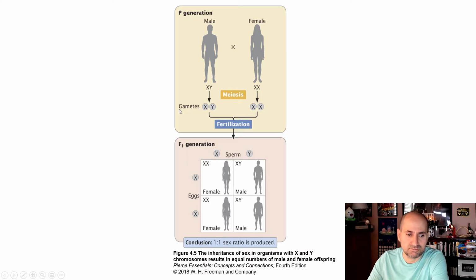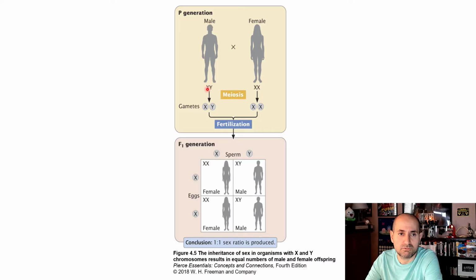And again, from figure 4.5, we see the inheritance of sex in organisms with XY chromosomes results in equal numbers of male and female offspring. Why? Because the male has the X and Y chromosomes, so the gametes can be either X or Y, a 50-50 chance.